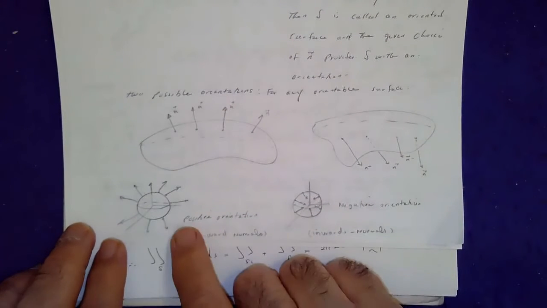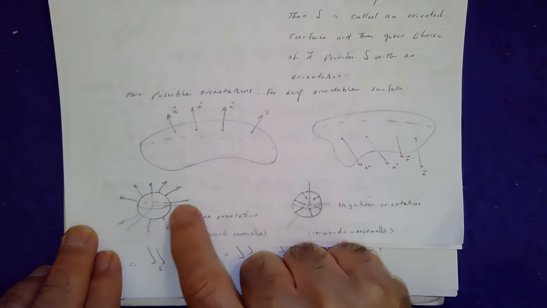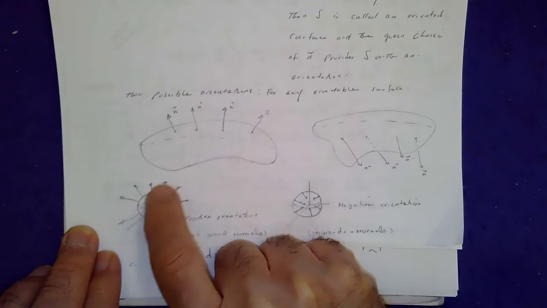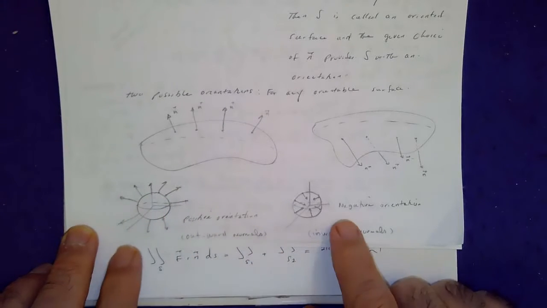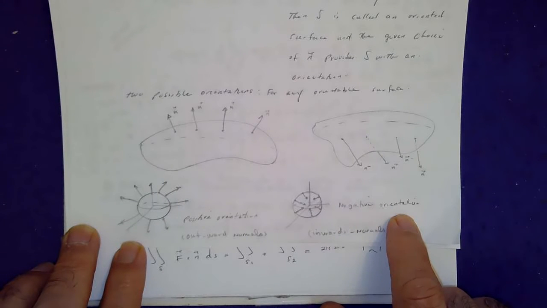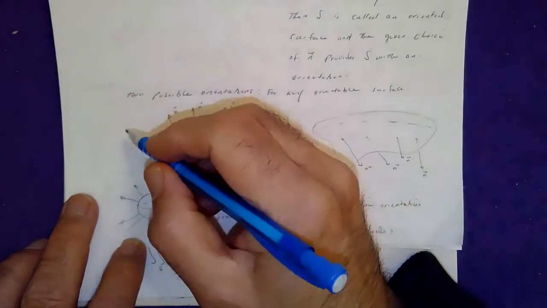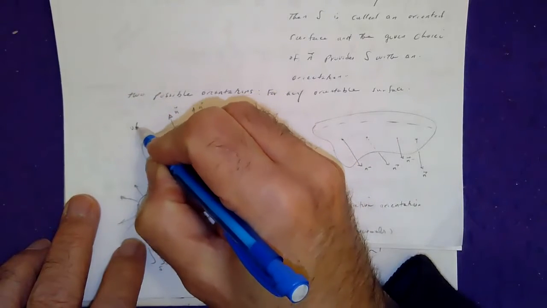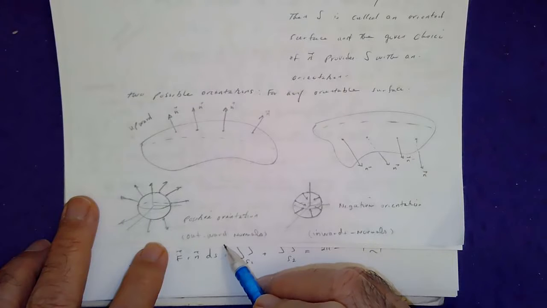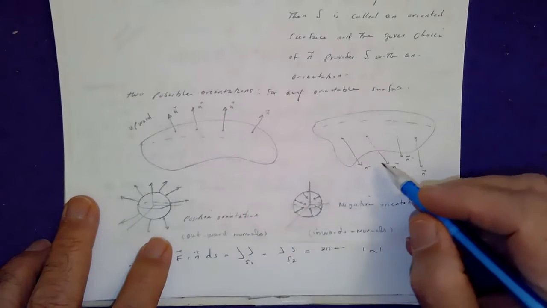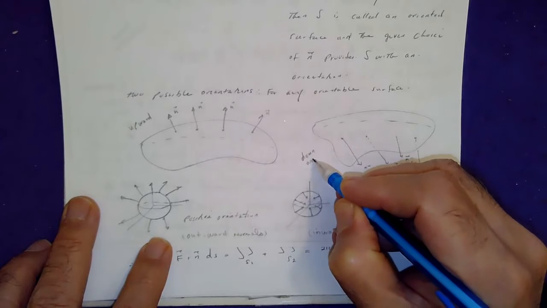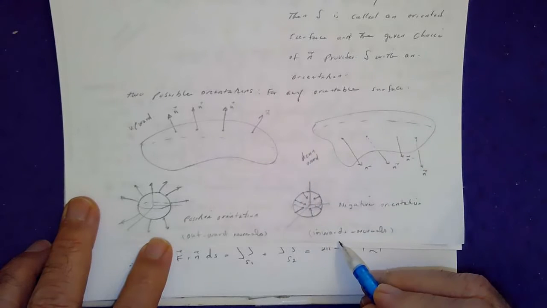For a sphere like a basketball, you can have positive orientation if the normals point outward, or inwards, that would be negative orientation. So positive orientation is either upward or outward. Negative orientation is either downward or inward.